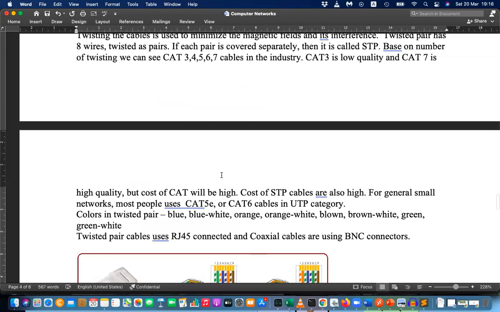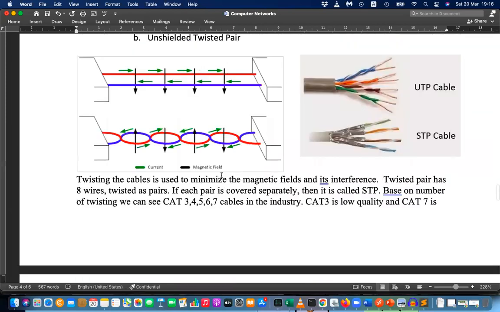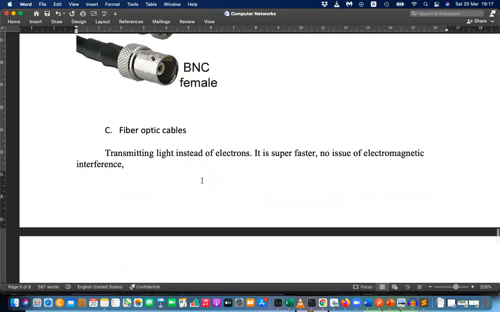So the previous one I wrote, I think the letters used for interference, it's correct. No issues of electromagnetic interference.